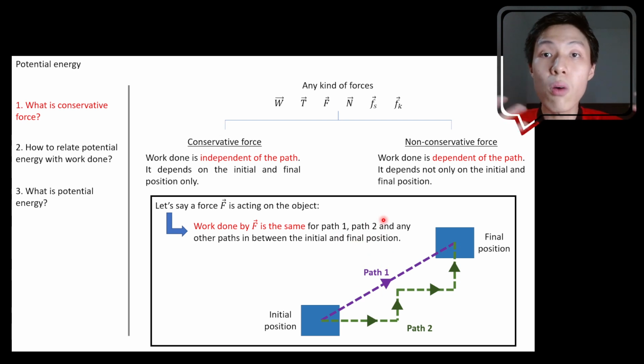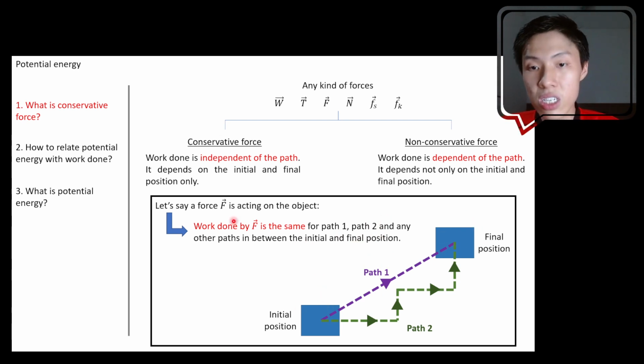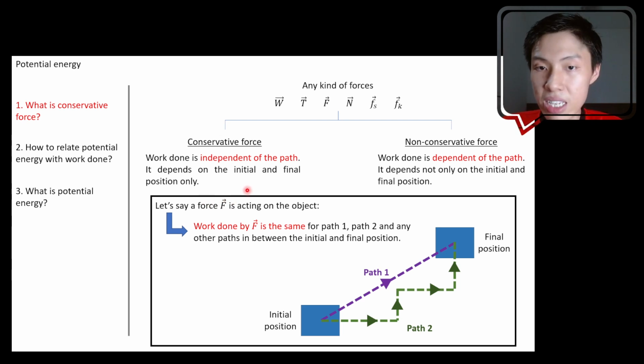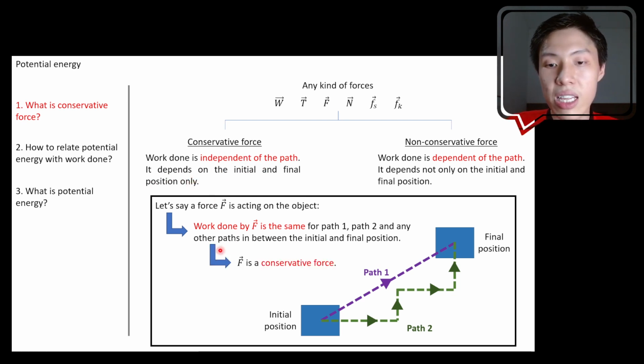That means no matter what path you choose to go from initial to final position, this F will still give you the same work done. If that is the case, this force is independent of the path. It is only dependent on the initial and final position only. Then we will know that this force is a conservative force.